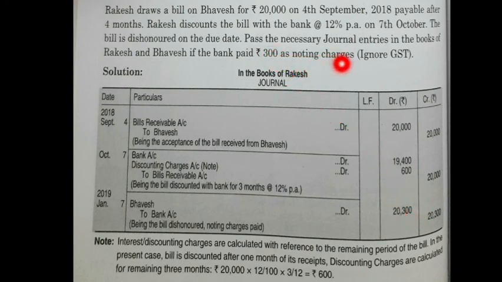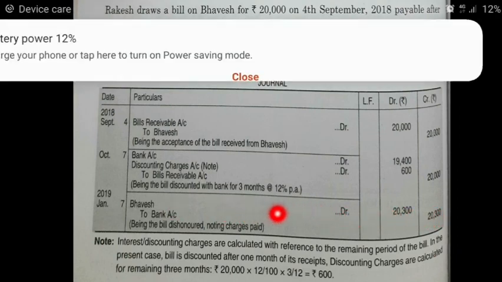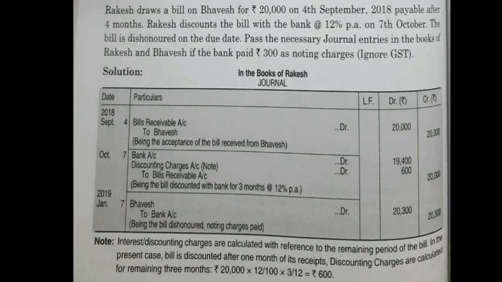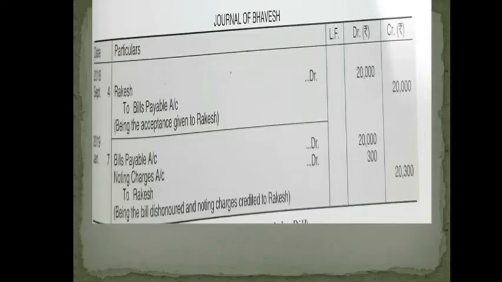It is mentioned in the question that he has to give 20,000 of his bill amount plus 300 as noting charges. So this is the journal entry: Bhavesh account debited, to bank account 20,300, being the bill dishonored, noting charges paid. So students, this was in the books of Rakesh.